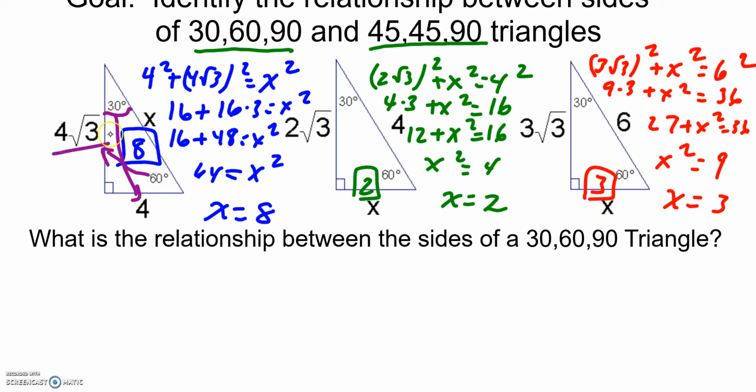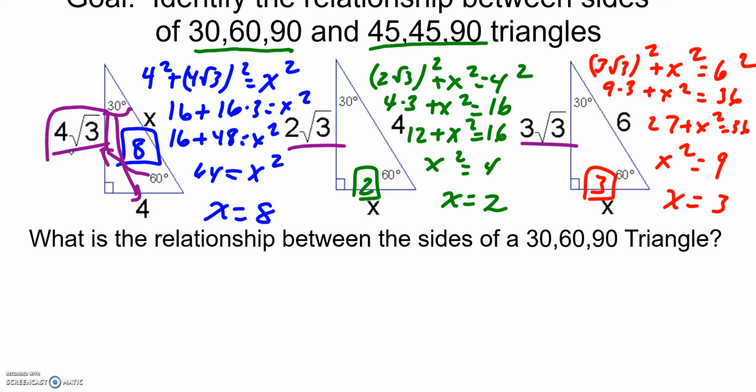And then the medium side, in all three cases, is root 3 bigger than the smallest side. This side is 3 times root 3, when the original side was 3, or the smallest side. This was 2 times root 3, when the original smallest side was 2. When the smallest side was 4, the medium side was 4 root 3.